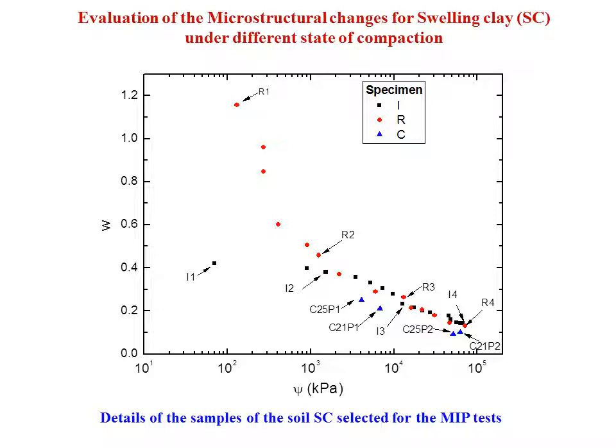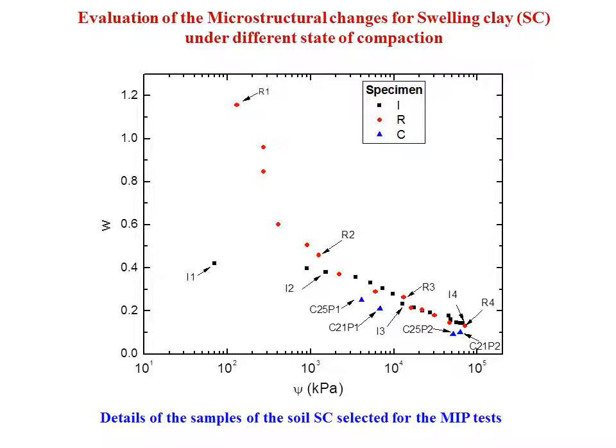What we can also observe is that the water retention data for the reconstituted samples and the intact samples converge at some suction which can be defined as a critical suction, and beyond this point the soil water characteristic curve is almost similar for the reconstituted and intact samples.